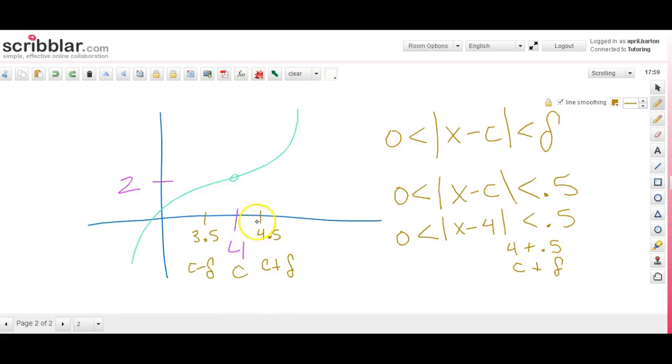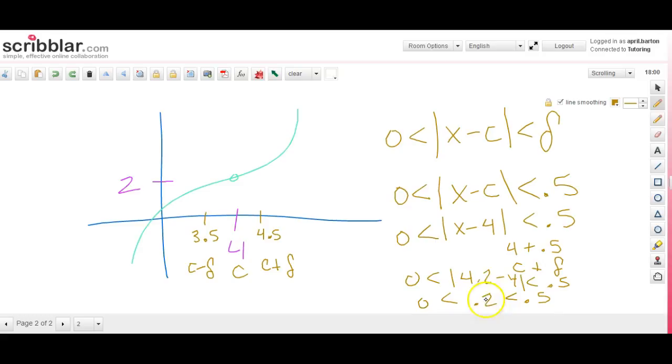So that means the x values you can choose from, so x is always this variable because you can choose it. You could choose 4.2. So if you did that, if you chose 4.2 minus 4 less than 0.5, well, is this going to be a true statement? 4.2 minus 4 is 0.2. Absolute value of that is still 0.2.